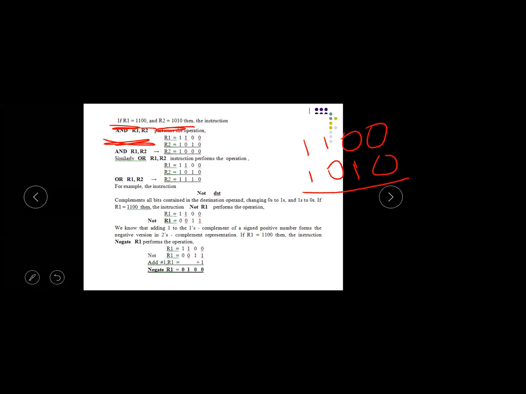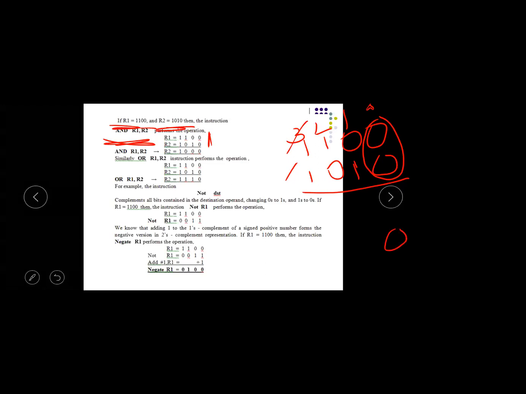This is R1 data, this is R2 data, and performing the AND operation between the two registers is nothing but performing the AND operation between the individual bits of the same bit position. This is bit position 0, this is the first bit position, this is the second, this is the third. For bit position 0, 0 and 0, the AND operation is 0.